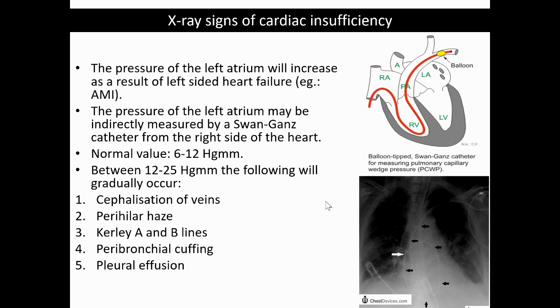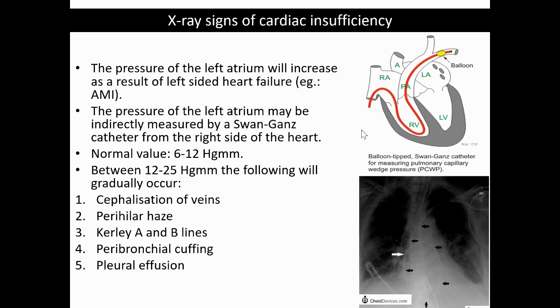Cardiac insufficiency has, again, classic signs on the chest x-ray, and depending on how severe the insufficiency is, the more of these signs we will see. So suppose the patient has left-sided heart failure, and so that'll increase the pressure within the left atrium. Now, the pressure in the left atrium can be measured indirectly with a Swan-Ganz catheter.